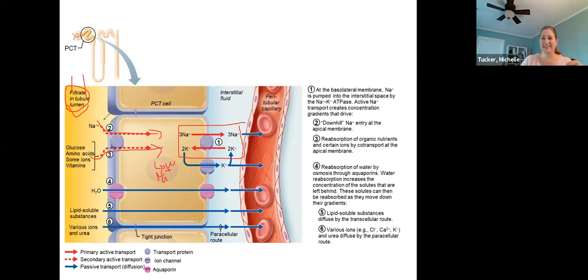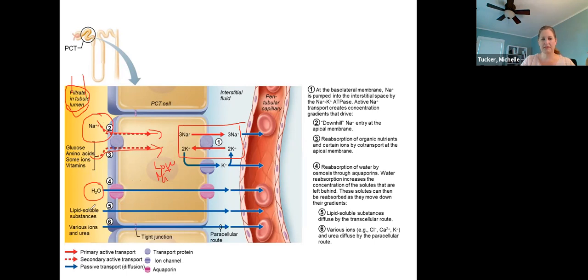The two main things we need to reabsorb: we do want to reabsorb glucose and amino acids, but in order for us to survive, we need to transport sodium and water. Water goes through aquaporins. It is going to follow its osmotic gradient in and across the cell.